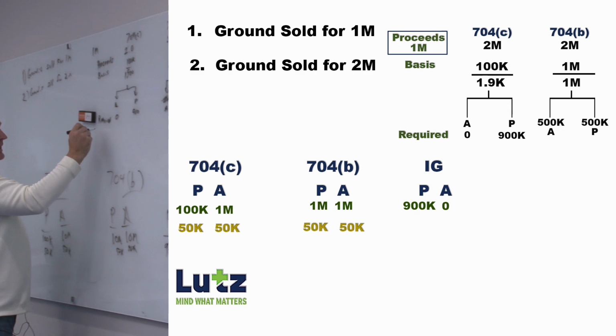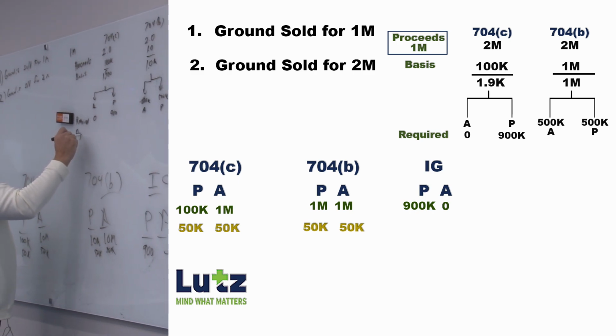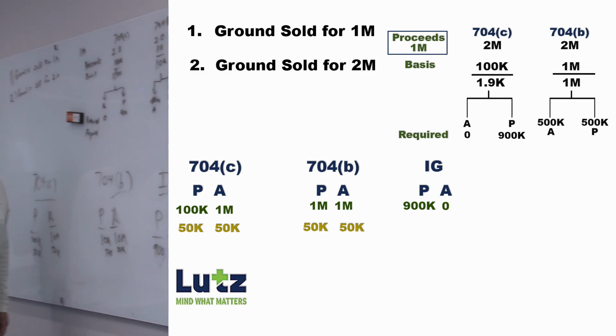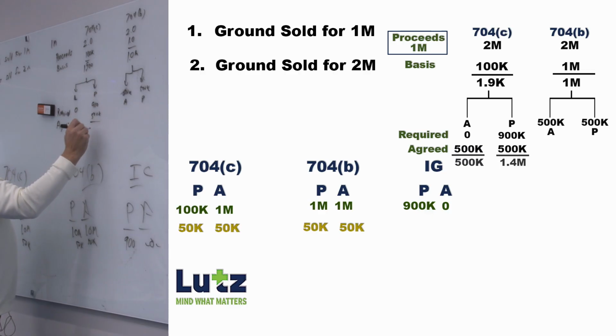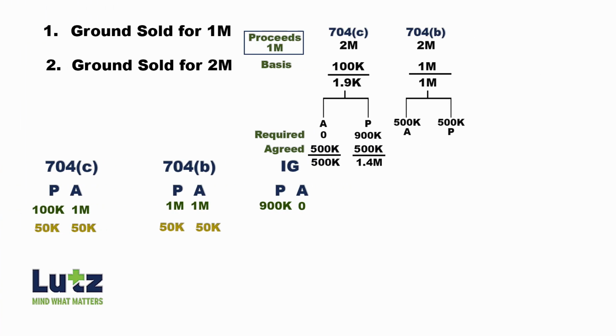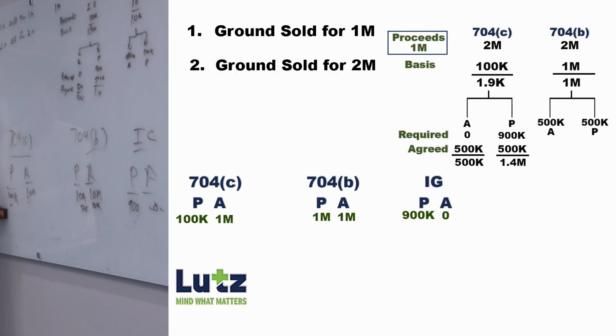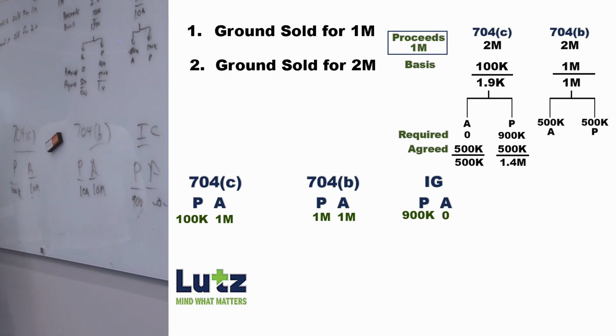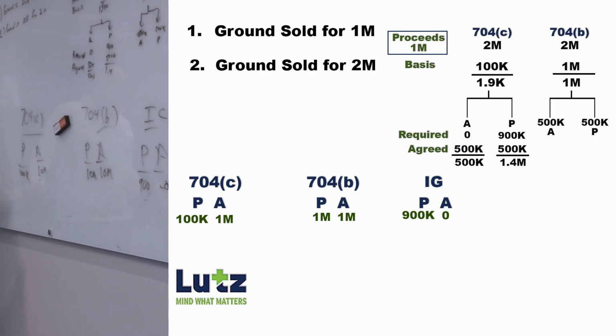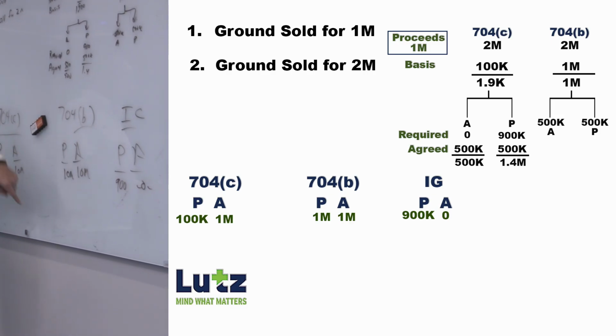Okay, so now we have agreed, what's our economic deal? 50-50. So how much does Aaron get? 500. And 500. So 1.4 and 500, correct? So we're going to come down here and turn this off for a second. How much 704B income was allocated? 500,000.